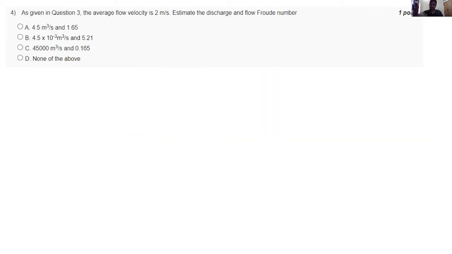Now moving to the next question. As given in question 3, the average flow velocity is 2 meters per second. Estimate the discharge and flow Froude number. So we have been given the velocity as 2 meter per second. We need the discharge.